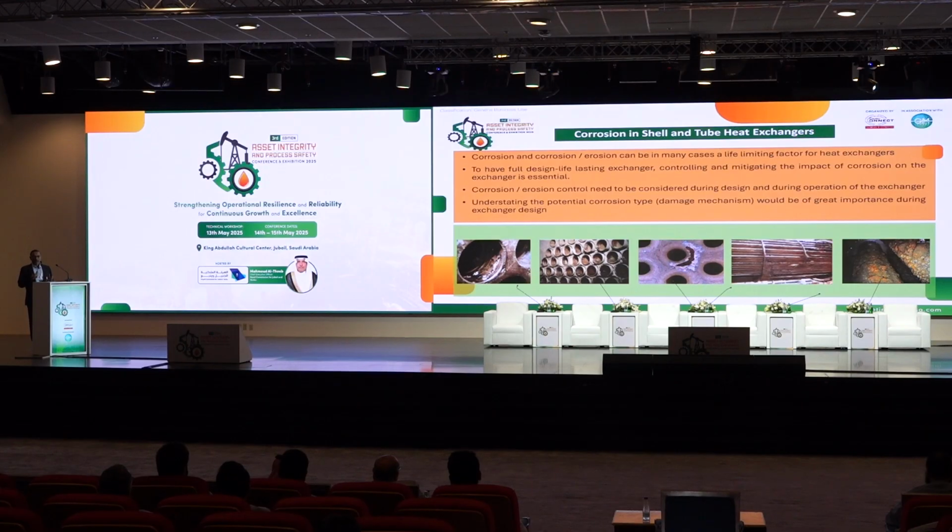Corrosion is one of the main threats to the heat exchanger's integrity, which might impact the lifetime of the exchanger so that it can be reduced significantly and it would not provide the function as it was intended. Maintaining the heat exchanger against corrosion is not only about the operating condition.